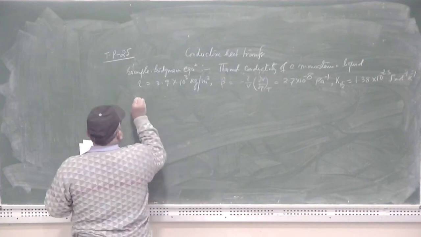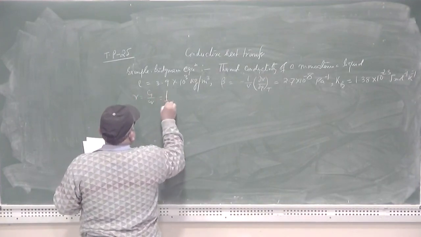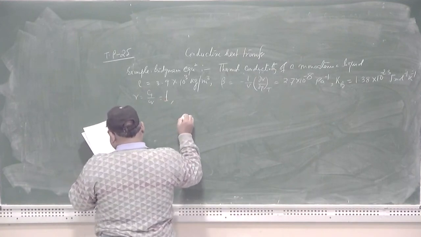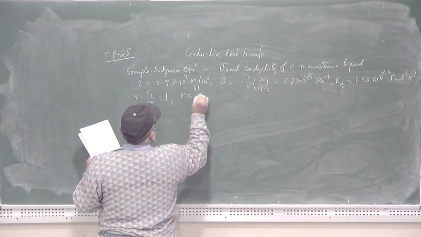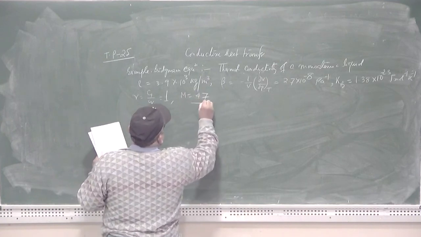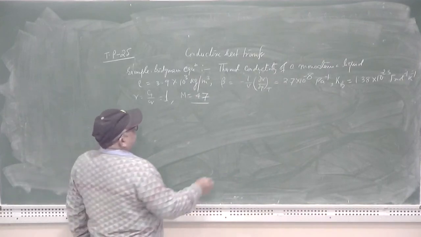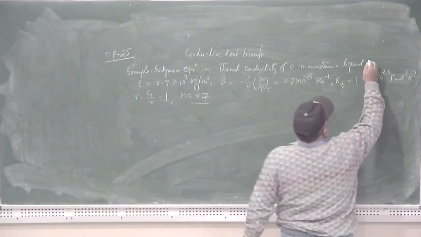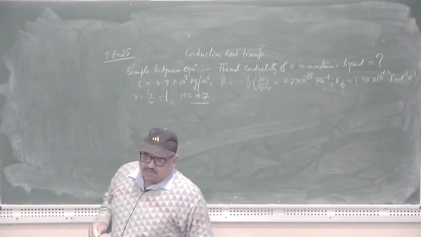The value of gamma, that is Cp upon Cv, is 1 in this question, and the molecular weight has been given as 47 of that liquid. So you have to determine the thermal conductivity of this monoatomic liquid, what should be its value.